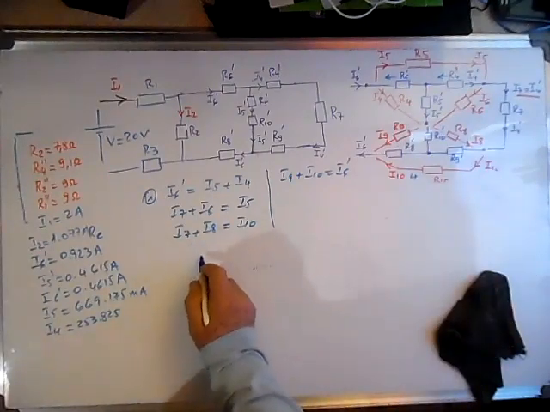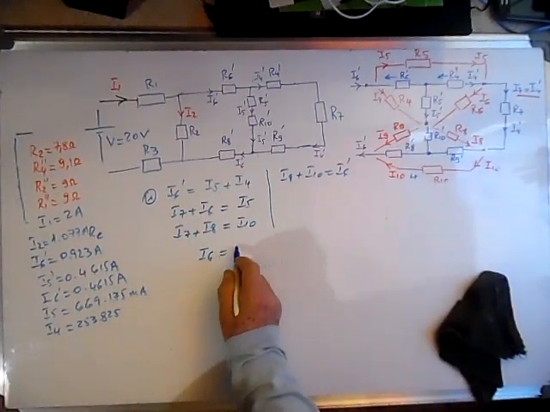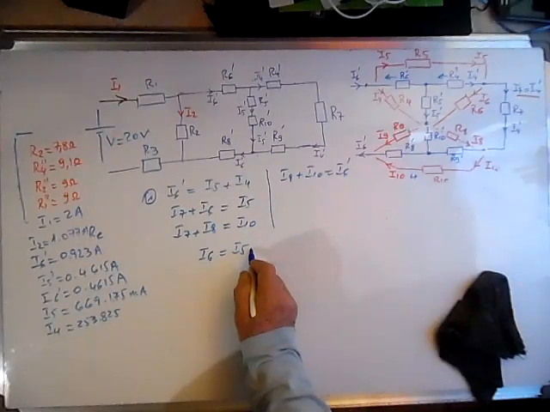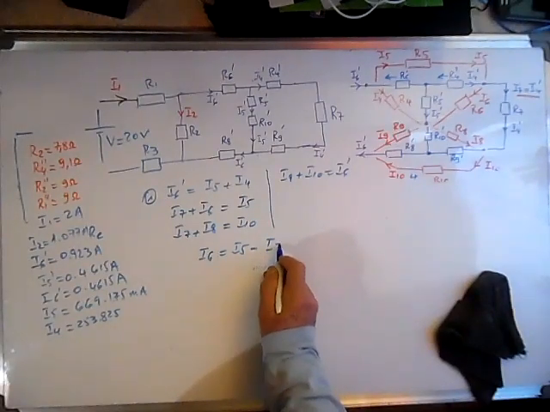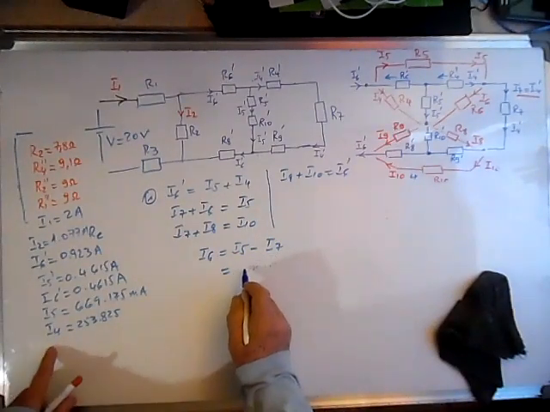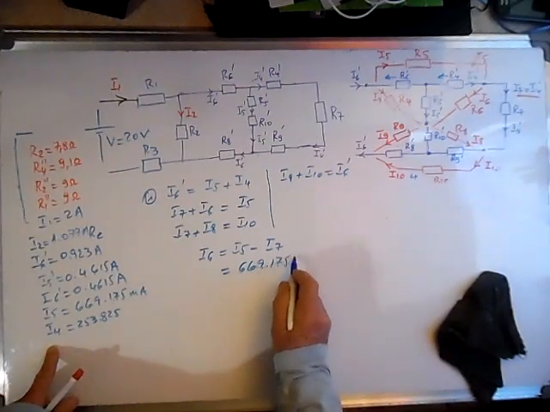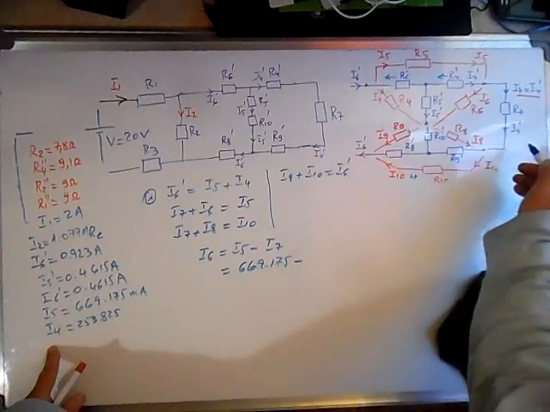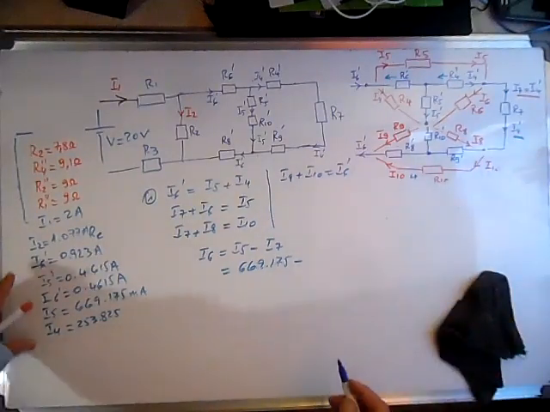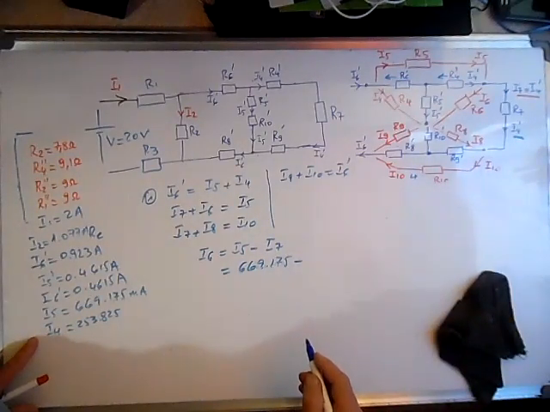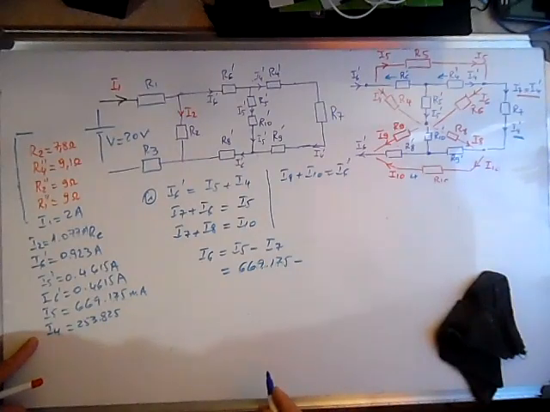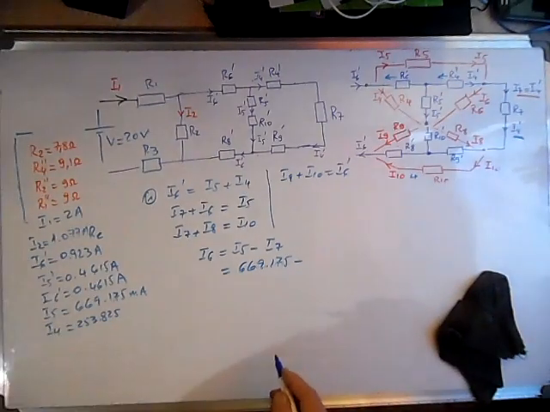We have I6 is equal to I5, which we have calculated, minus I7. I5 we have 669.175 minus I7, which is equal to I4 prime. I4 prime, where did I write it down? Haven't written it down.